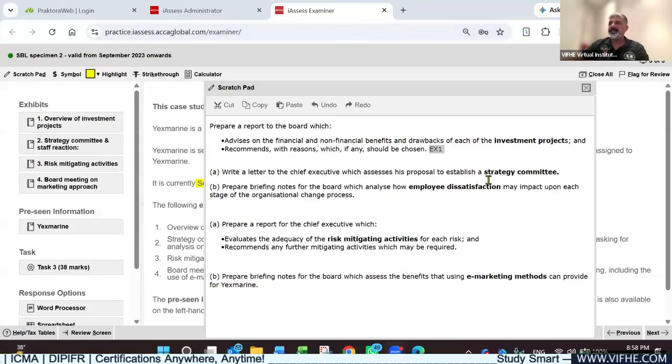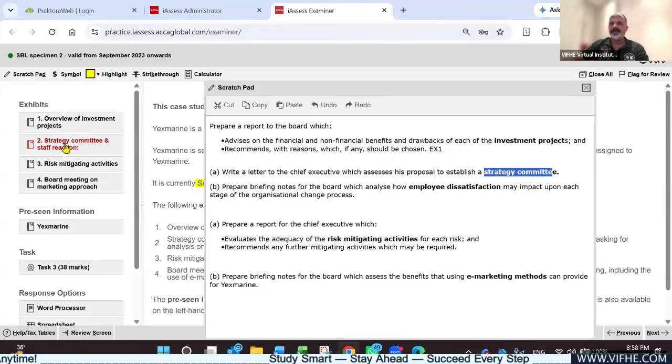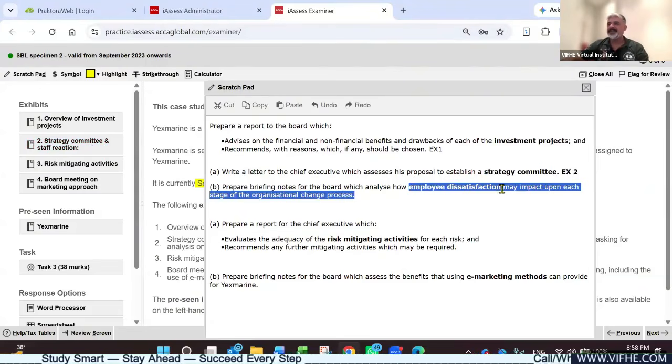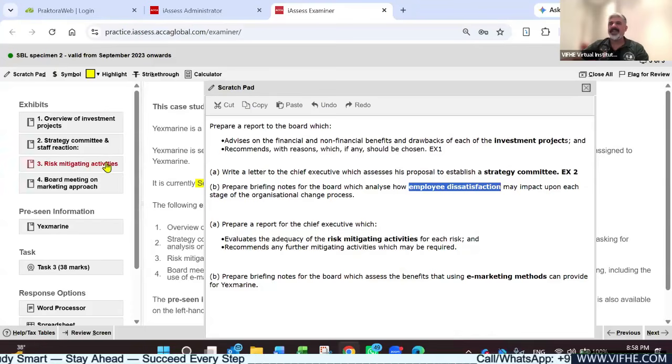What about strategy committee? Is there any exhibit about strategy committee? This one is exhibit 2. Amazing. What about employee dissatisfaction? Is there any exhibit talking about staff or employees?